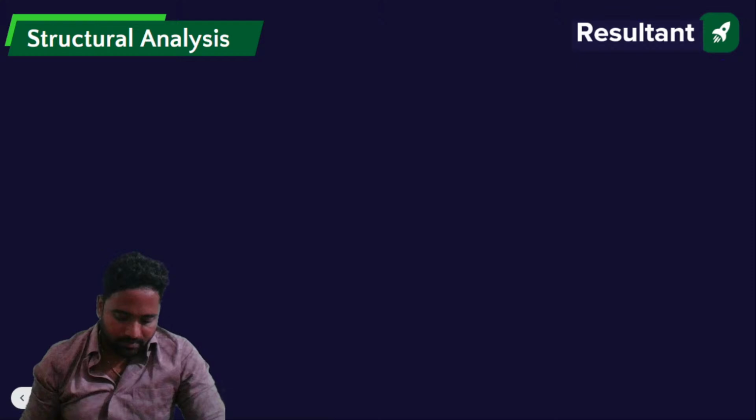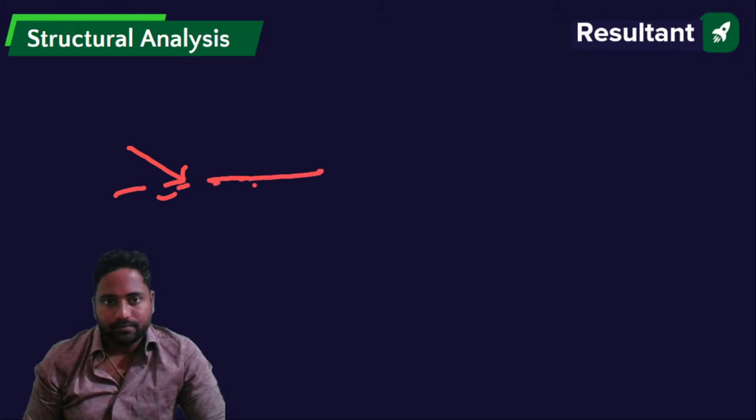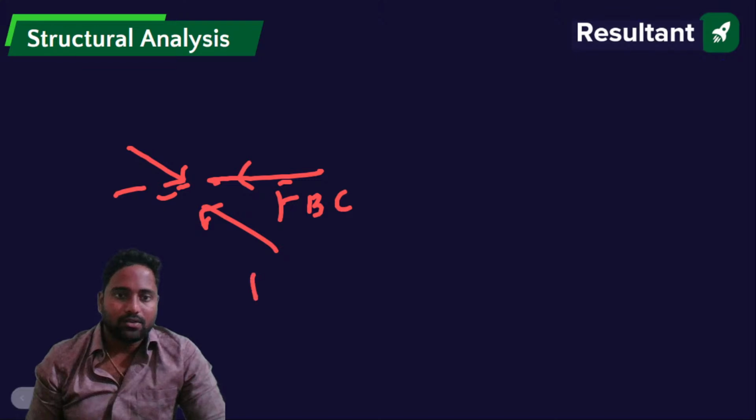Same, considering the equations of equilibrium of joint B. This is FBC and this is FBD. FBD is equal to 5 and this is 5.